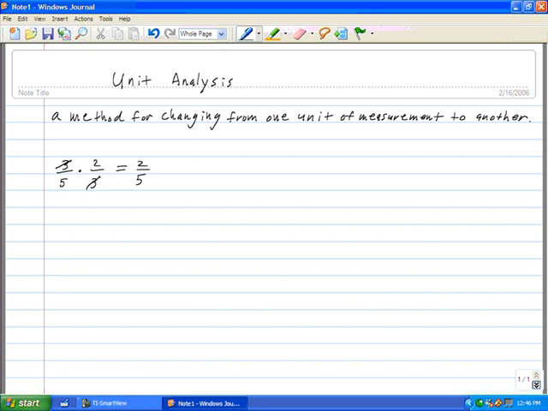But unit analysis says that this cross-cancellation can occur with units the same way it does with constants. For example, if I had feet on top of a fraction being multiplied by, say, pounds over feet, and feet this time is in the denominator of the second fraction, then the feet can cancel just like the 3's did, and I would be left with, in this case, pounds.